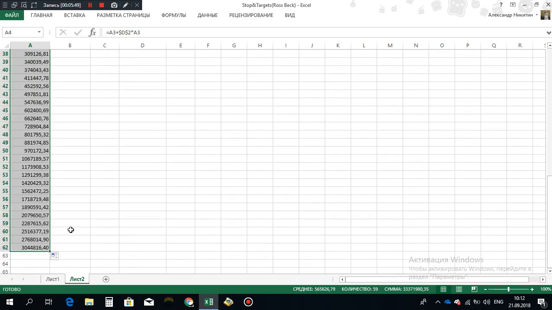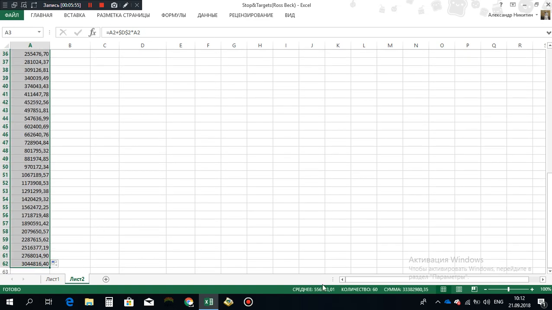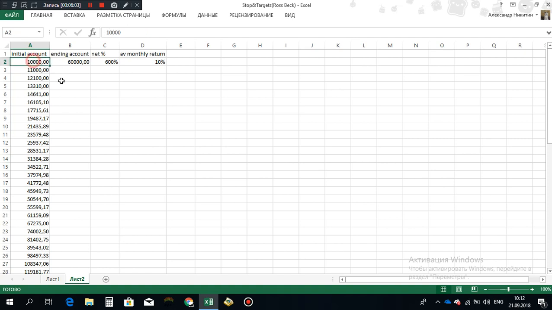I think it should be here, from here, 60 months of trading. Yes, the count is 60. You see that? Initially the guy said, I turned my 10K account into a 60K account, and this means that I generated 10% on average every month.